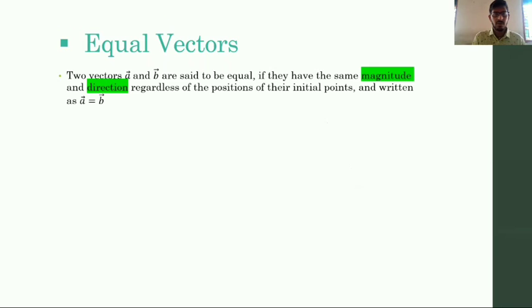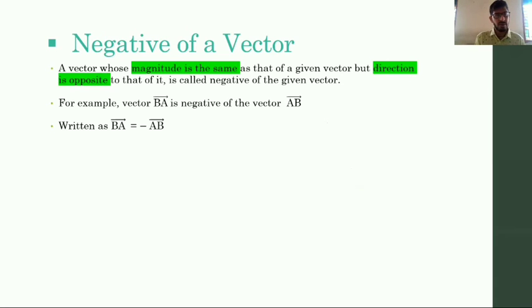Next and last type of vector is the negative of a vector. A vector whose magnitude is the same as that of a given vector but whose direction is opposite is called the negative of the given vector. For example, vector BA is the negative of vector AB, written as vector BA equals minus vector AB.